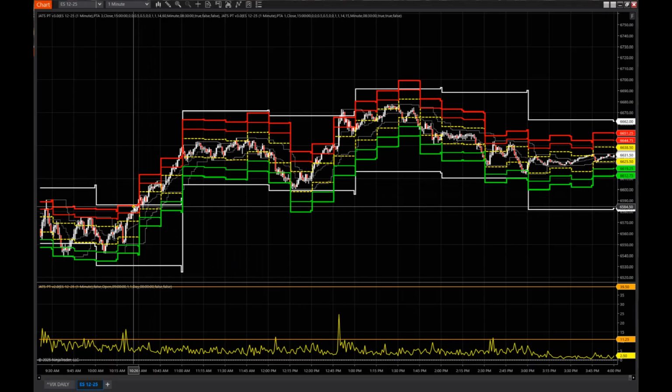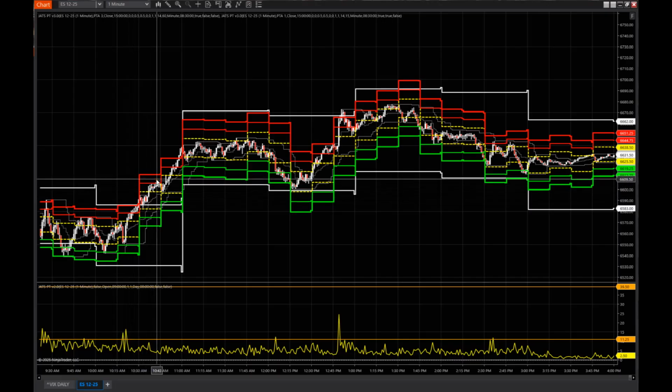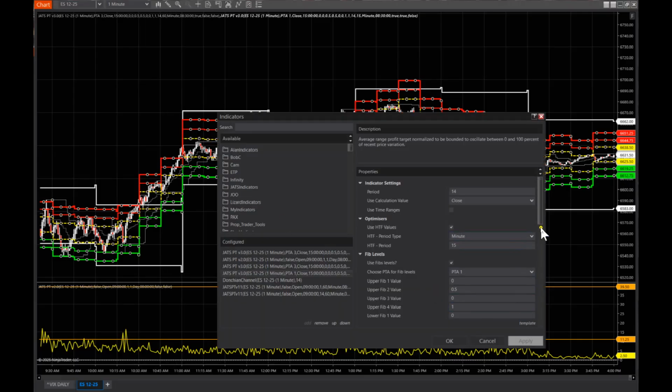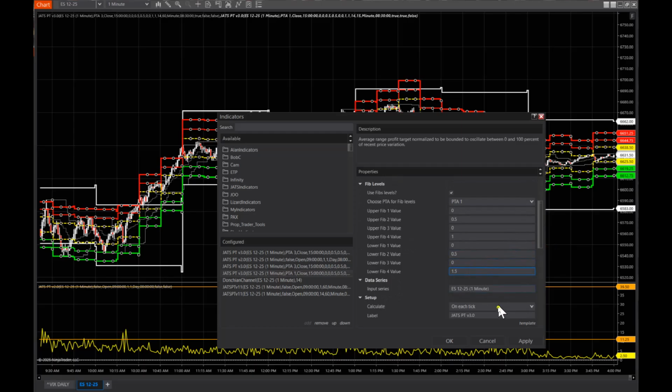Look here, it went two times the 15-minute range, right there at the 60-minute 3. And then when it broke that, it went to 1.5, and then it actually went even higher. It went 2.5 times.